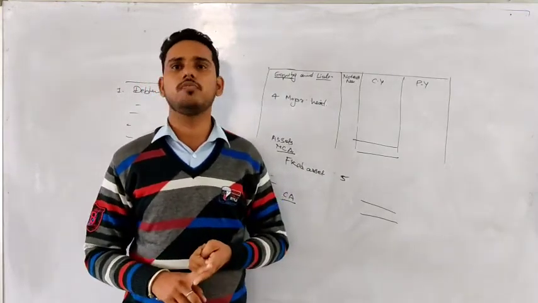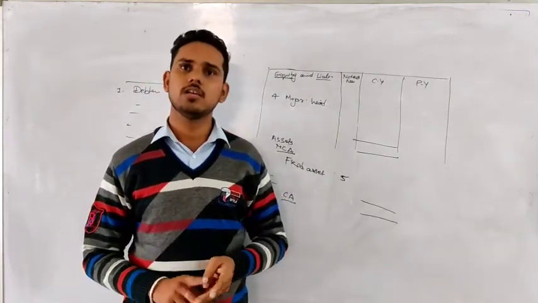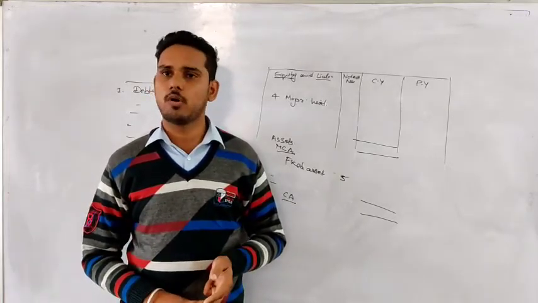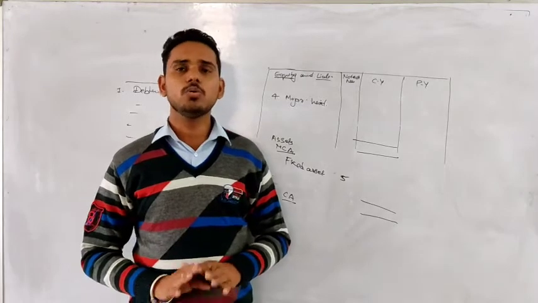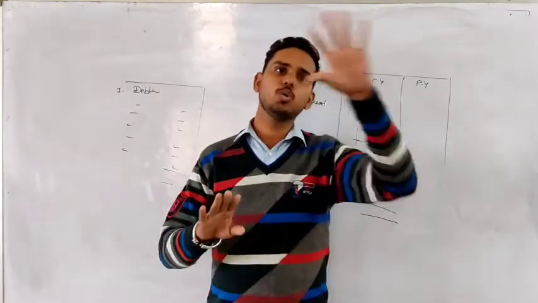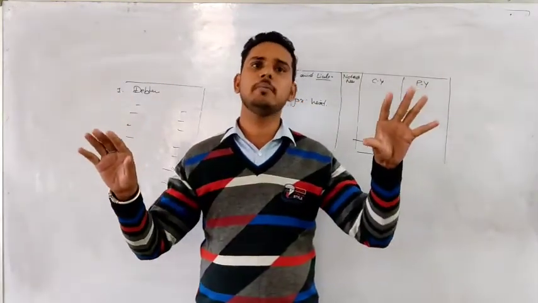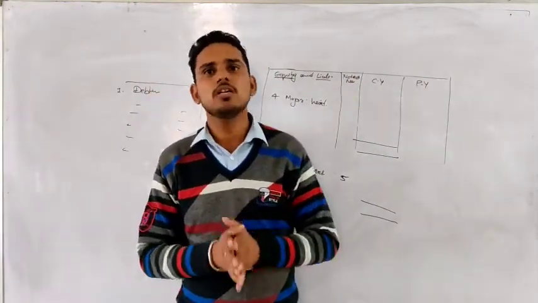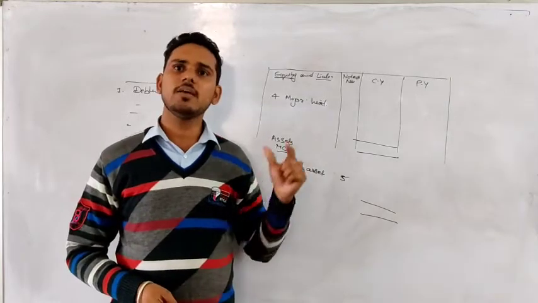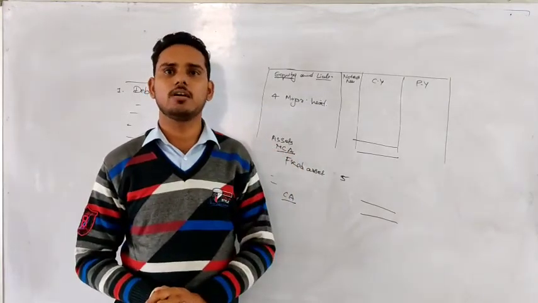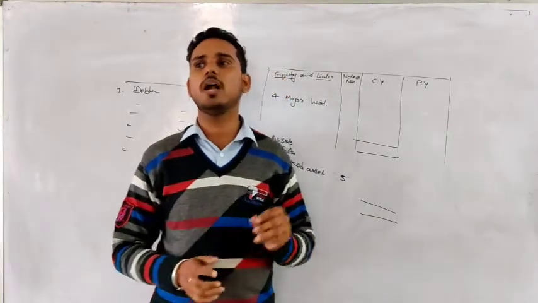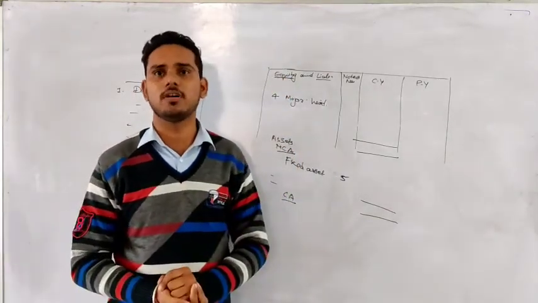In that shareholder fund there are 3 subheads: share capital, reserve and surplus, and money received against share warrant. Right? So what is the thing? Firstly we are having 2 main heads, then in each main head there are some major heads, and in major heads there are some subheads. Subheads are the main information where we need to write the data. Okay, so now what we have to do, we need to understand each subhead one by one.